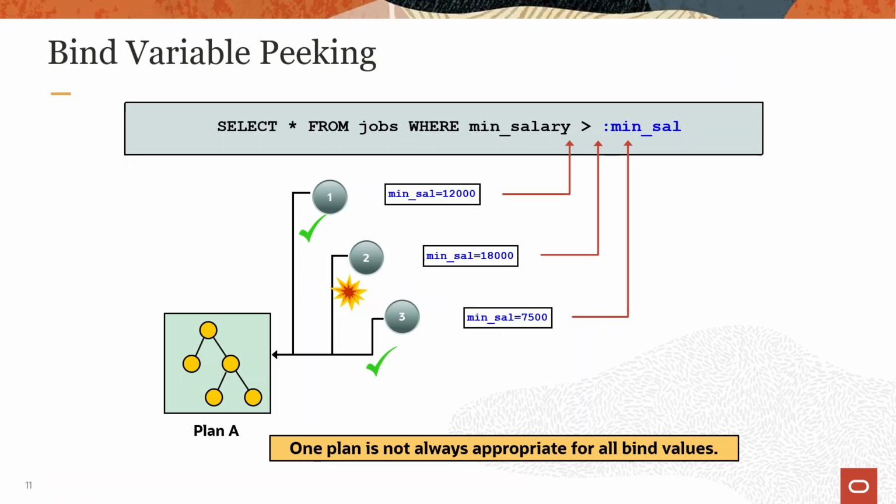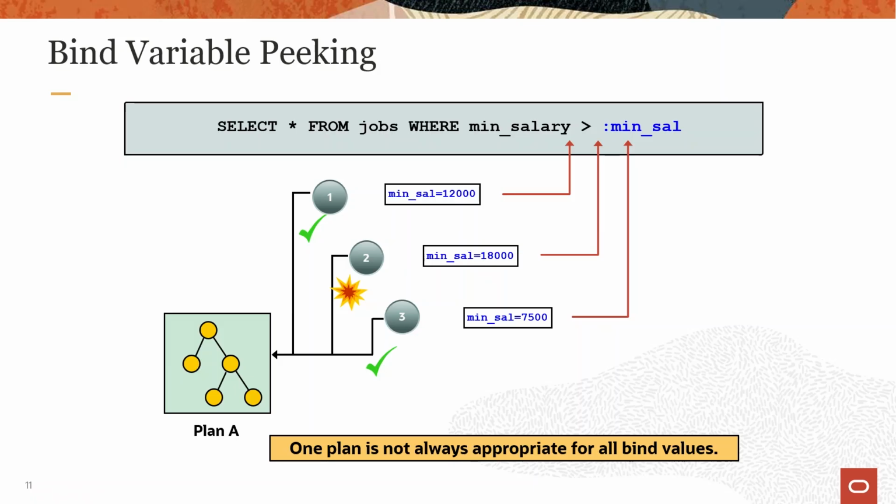But let's say that he's using a full table scan to get all the jobs where the minimum salary is bigger than 18,000, and only 0.5% of the table is being returned. So performing a full table scan to only return 0.5% of the data is maybe not a good execution plan. Maybe upon that column there is an index.